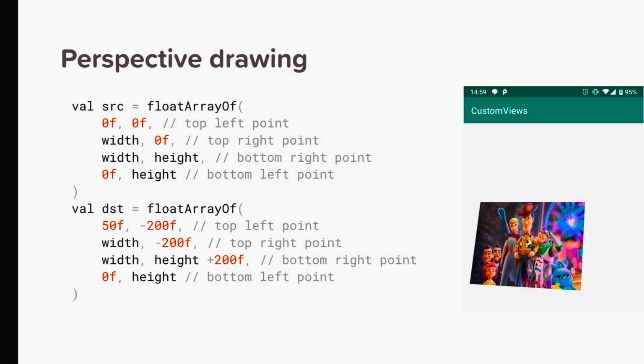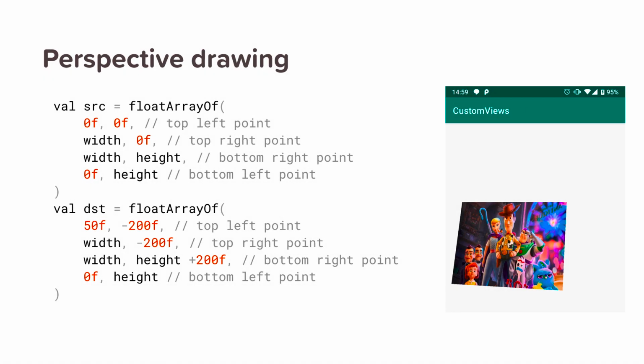But basically here are the destination and source arrays. It's a bit confusing because it's actually points that it's using, but they're in pairs. So the first two will be grouped together, the second two will be grouped together, and that kind of thing. Here you can see the first point of 0, 0, or the top left point of our bitmap, will be mapped to the point 500 by 200.